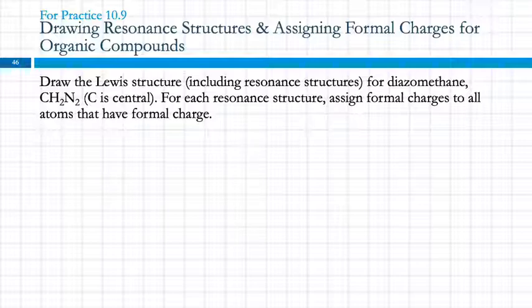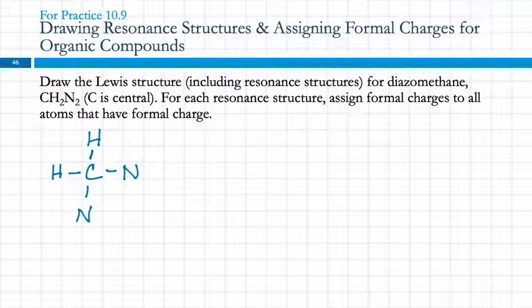Well, we're told that carbon's in the middle. So there's carbon. Hydrogens must be on the carbon. Well, not necessarily. Let's try attaching everything to the carbon and see how that works. I said carbon's in the center, so let's try that.